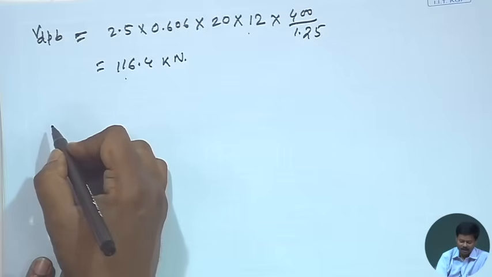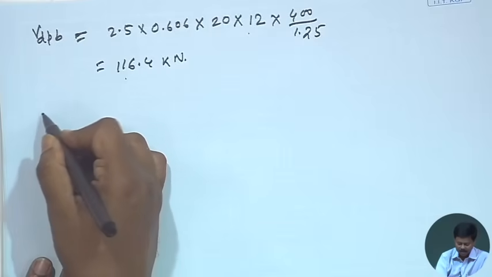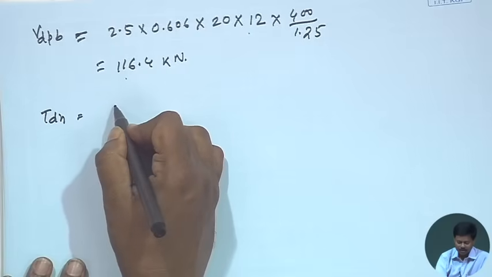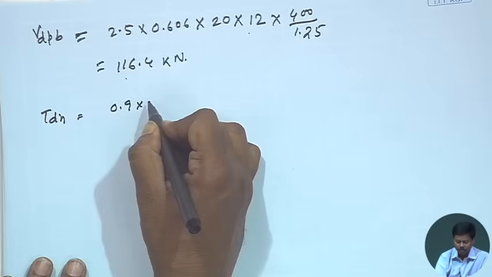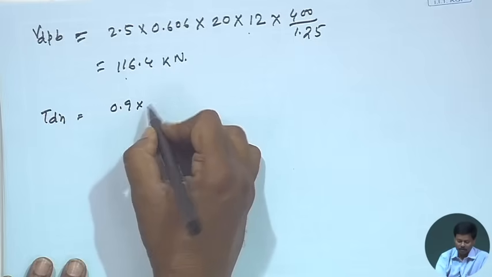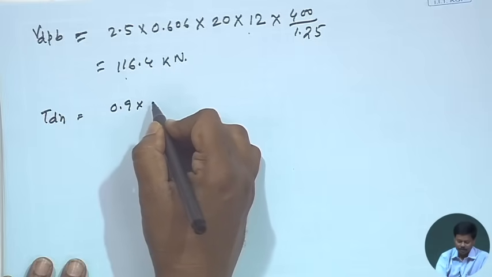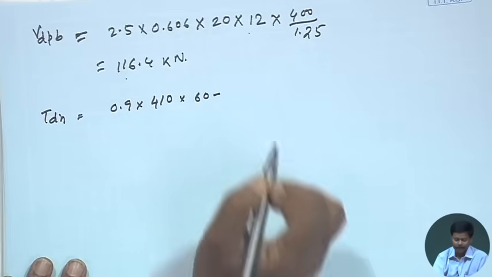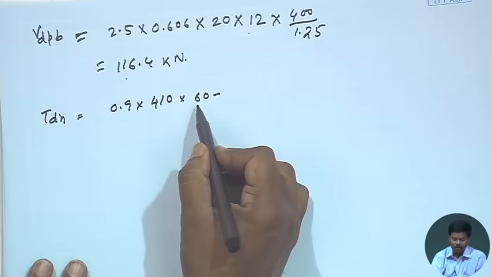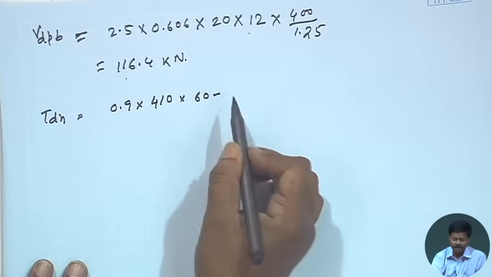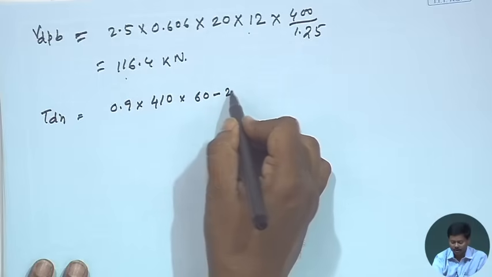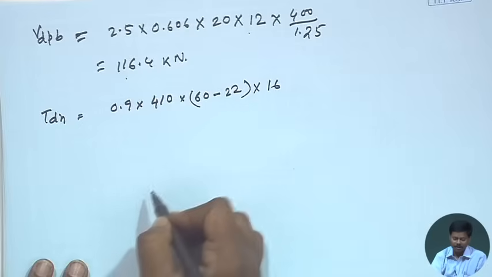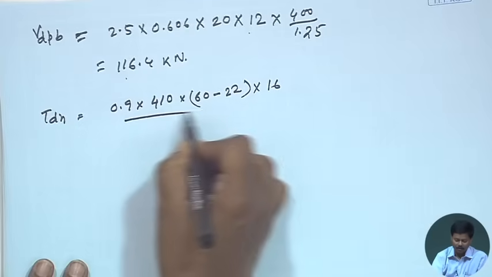Again, the strength of the angle per pitch length, that is TDN, we can also find out, that will be 0.9 into fu, fu is 410, into 60 which is the pitch, per pitch we have to consider, minus 22 which is the bolt hole, into the thickness. The thickness will be 16, right, by 1.25.